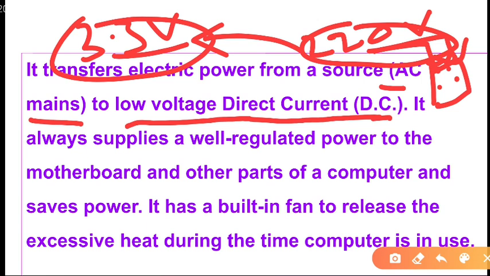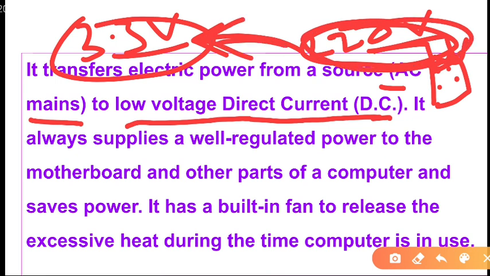We require a regulator. That conversion of this 220 volts to 3.3 volts is done by the SMPS, or switched mode power supply. It supplies a low voltage direct current to our computer.